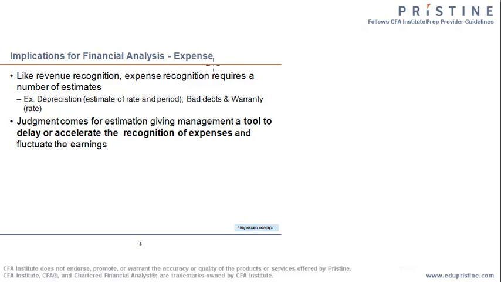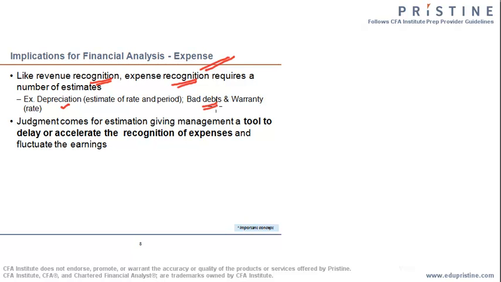Now, as we've seen that the provision for bad debt or warranty expense requires a lot of judgment, what would be the financial implication of such a judgmental tool? Just like revenue recognition, expense recognition also requires various kinds of estimates. For example, for depreciation, we need to estimate the rate of depreciation and the period of depreciation, which is the life of the asset.